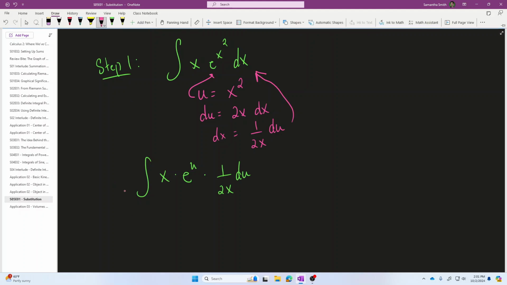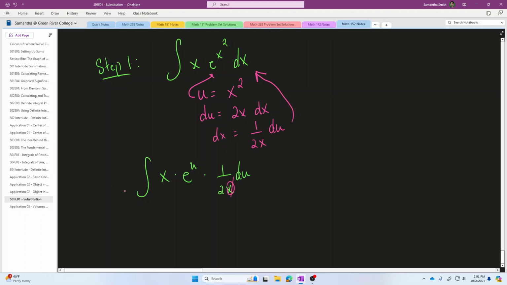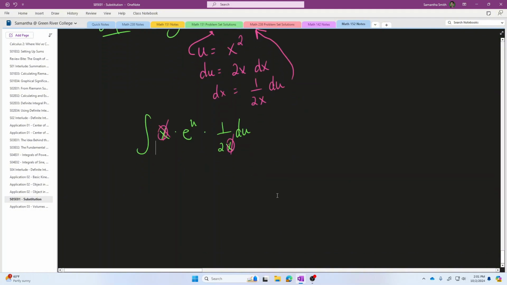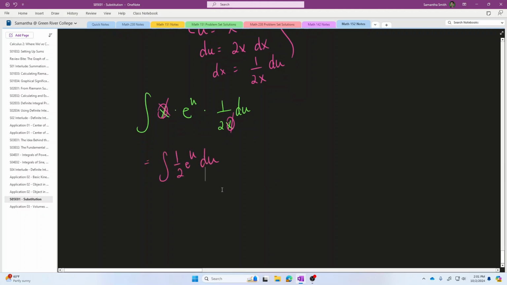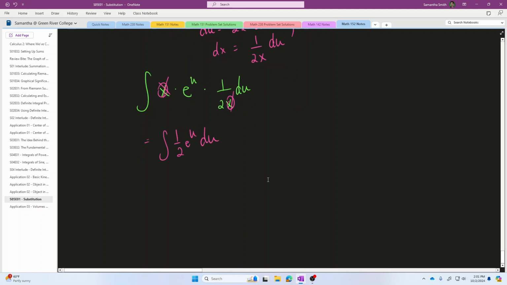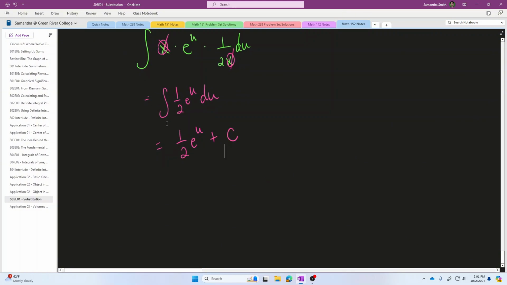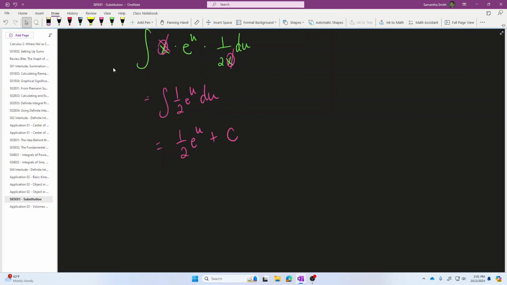Now I have a divided x, and this multiplied x in the front cancel out, and all that's left is this constant multiple, 1/2 e to the u du. And this is a very, very simple antiderivative for us to find. The integral of e to the u is just e to the u. So here is our indefinite integral, and 1/2 e to the u is one particular antiderivative that we can use.